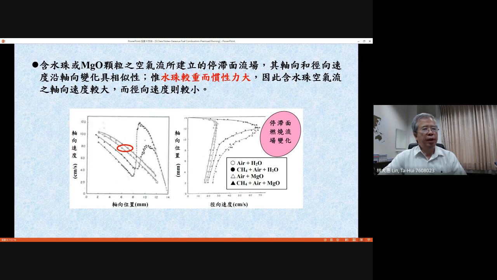We do not have experimental data there since the quartz plate has a certain thickness. It will block one laser beam, and you cannot have two laser beams cross over to do the measurement. So you can see there is a region without experimental data near the exit plane of the burner.